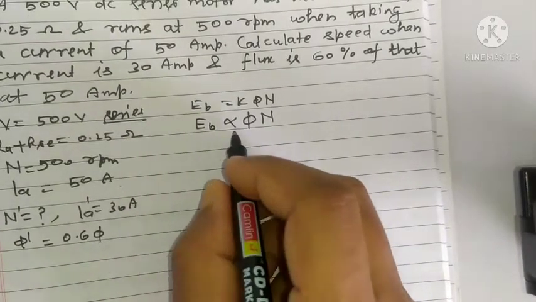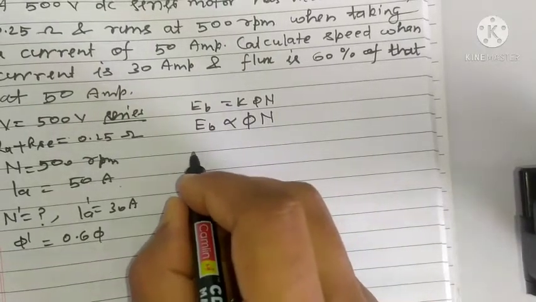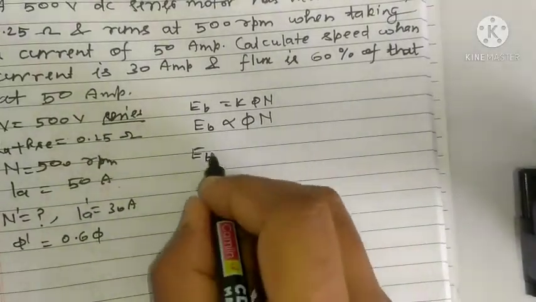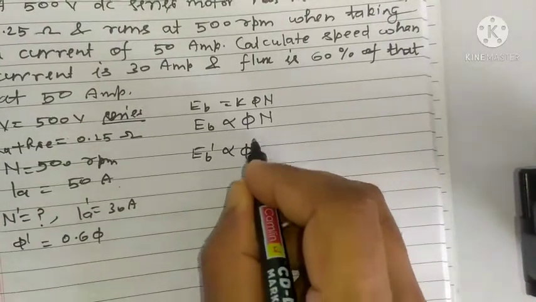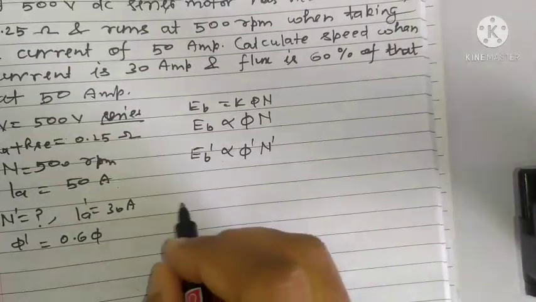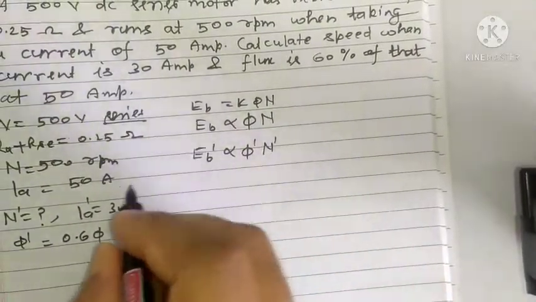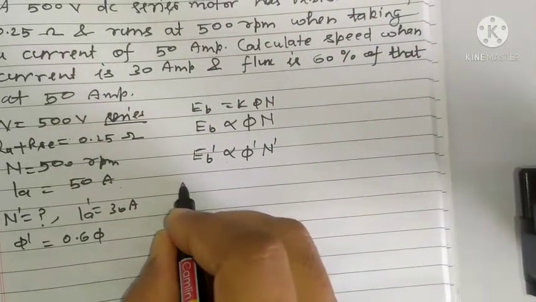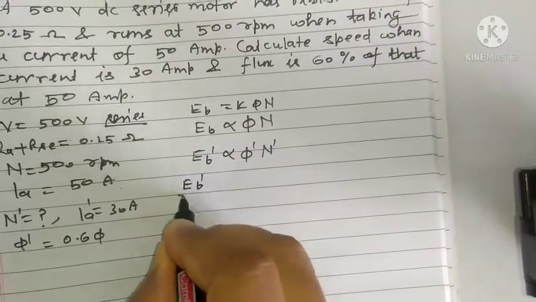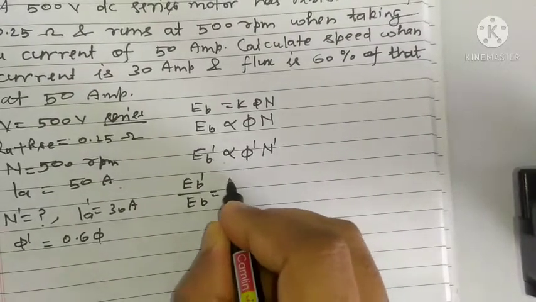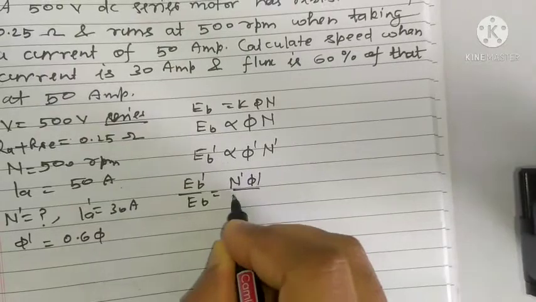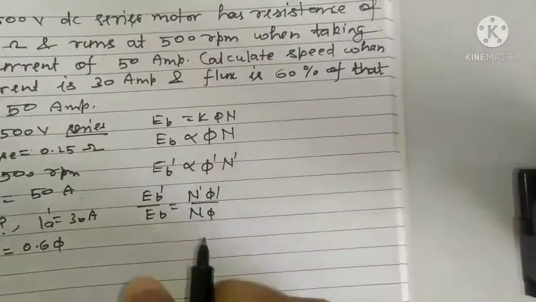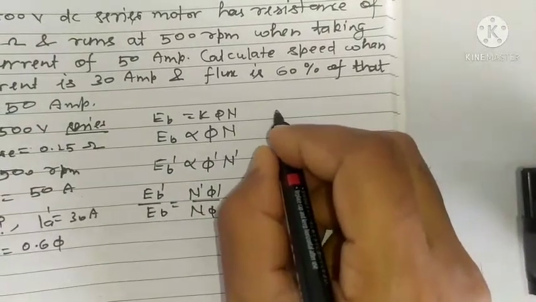So EB is directly proportional to phi n, and in the new case, as flux is changed, back EMF will also change and speed will also change, right? So taking the ratio of these two, I can replace this proportionality by equality, and I can write EB dash by EB will become N dash phi dash by N phi. So here we need to find EB and EB dash, then only we can find the new speed. So what is EB?